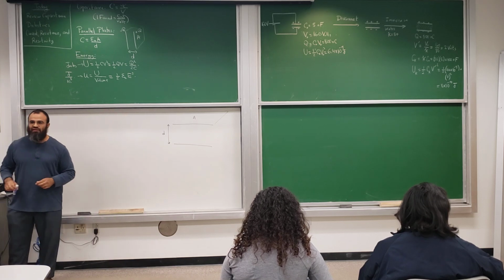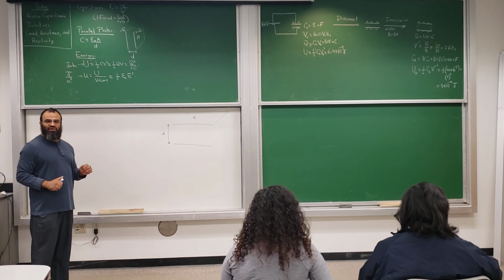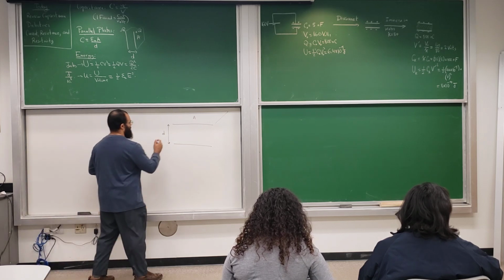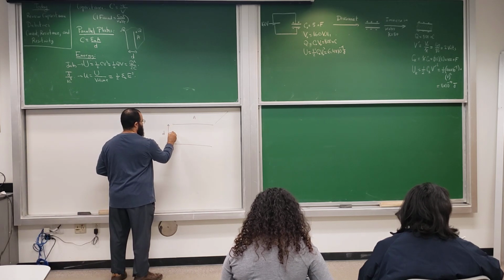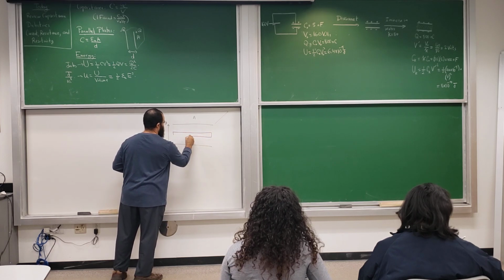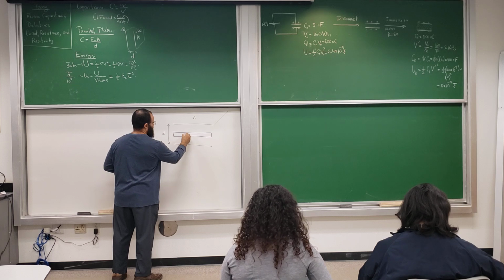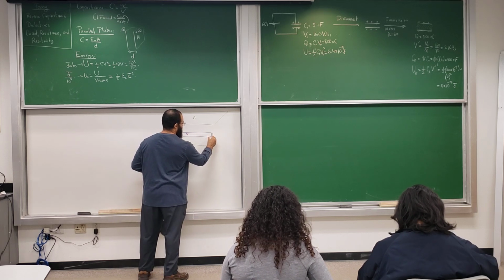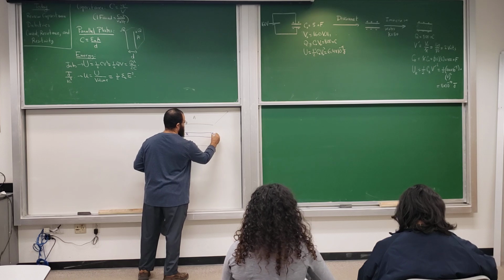And we're going to put a dielectric, but the dielectric is not going to fill up the gap. It's not going to completely fill it up. It's going to occupy only this much. That's the dielectric. It has kappa. And the thickness of the dielectric is t.